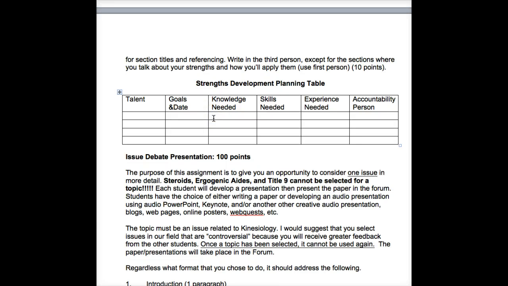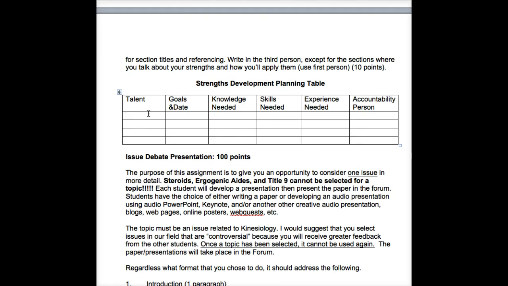Is there specific knowledge you need to develop that talent into that goal? What about skills? What experience do you need, and who's going to help you be accountable? You can have the same accountability person. So you'll have 5 of these in your table.